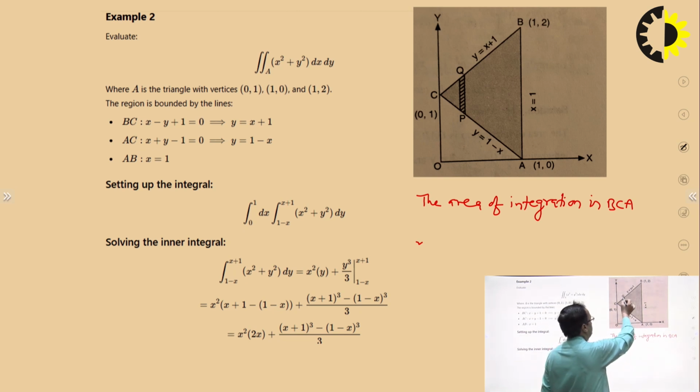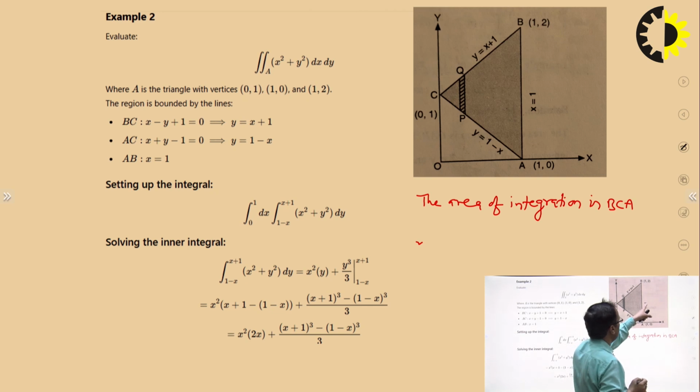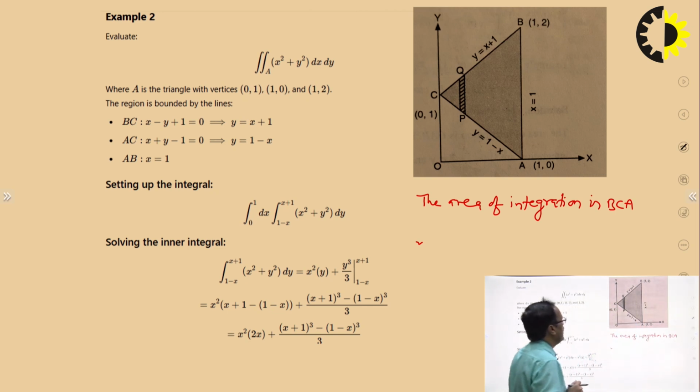This is a vertical strip: the lower limit of y is 1 minus x and the upper limit of y is 1 plus x, and x varies from 0 to 1. This is the region of integration, triangle BCA.